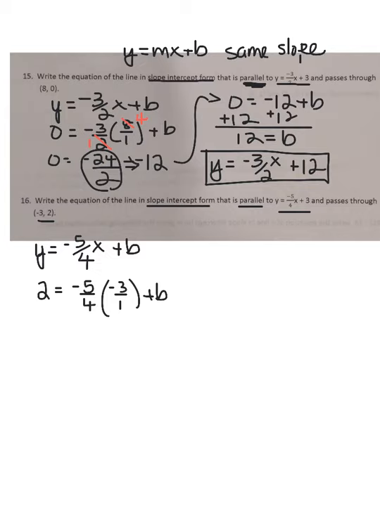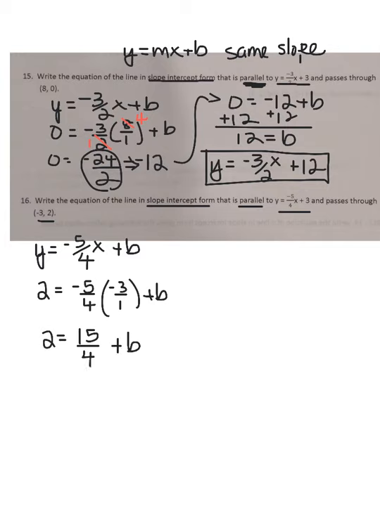Okay, so I'm not going to make the same mistake that I did on number 15. Not that it was a mistake, I fixed it, but there is no common factor here with any numerator and any denominator. So if that's the case, we're just going to multiply across. So I have 2 equals, and then I'm going to do negative 5 times negative 3, which is positive 15 over 4 plus b.